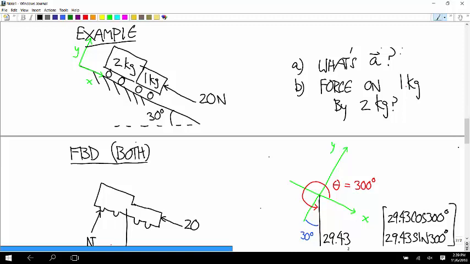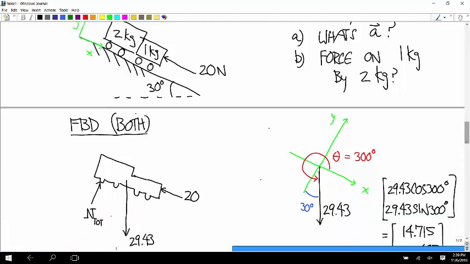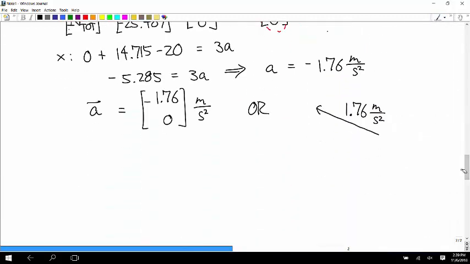Okay, so now we have the acceleration, we want to calculate the force on the 1 kilogram box by the 2 kilogram box. We want to isolate. Yeah, let's isolate the 1 kilogram because we're trying to calculate a force on that.